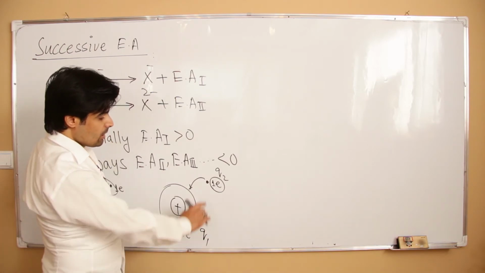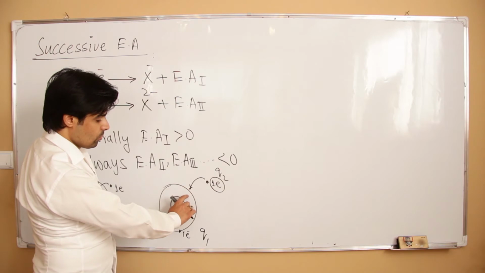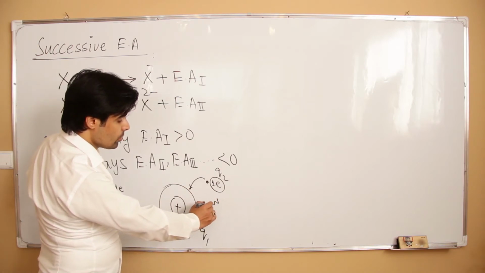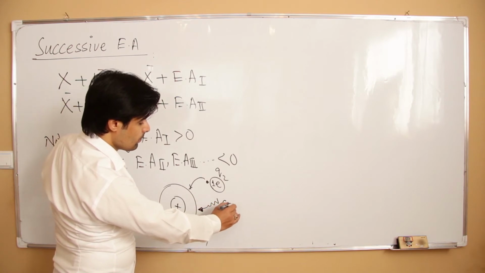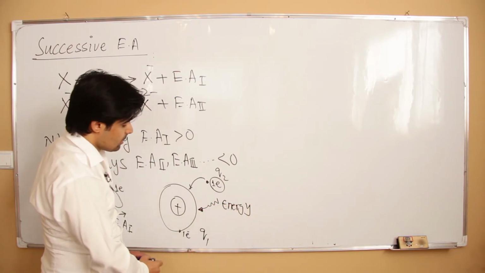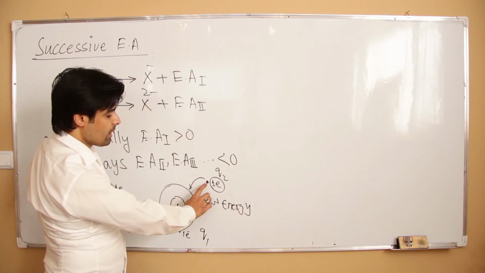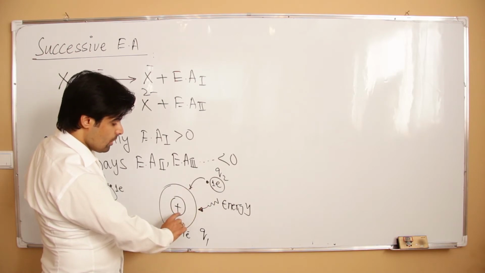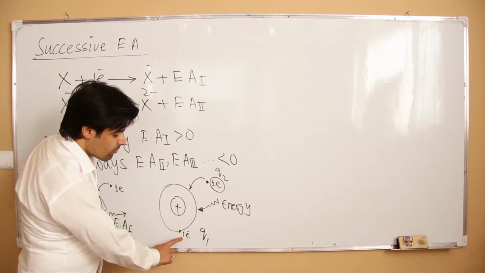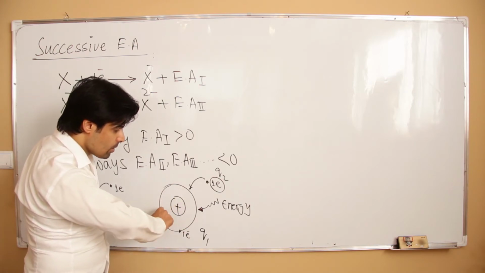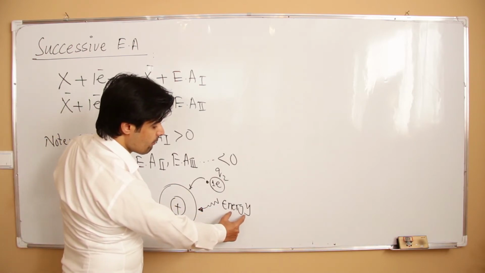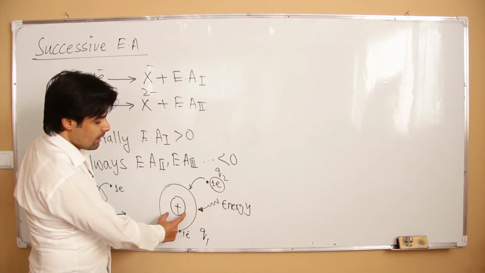It means that you are giving an electron and also you have to give some energy. Since the atom already has one extra electron in its shell, we have to give more energy to this atom.